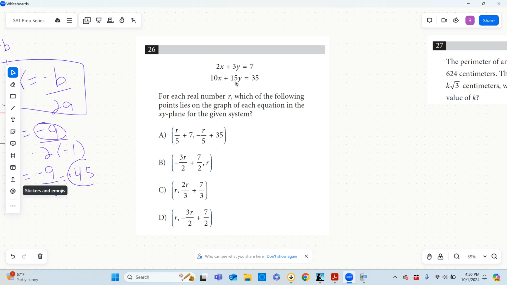Well, this is the same line. So I don't need to go and check all these points and find out which one satisfies both equations because this is the same equation. I just need to plug these answer choices into one of these equations and find the one that works.